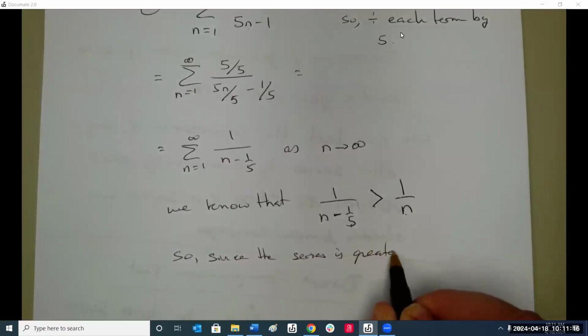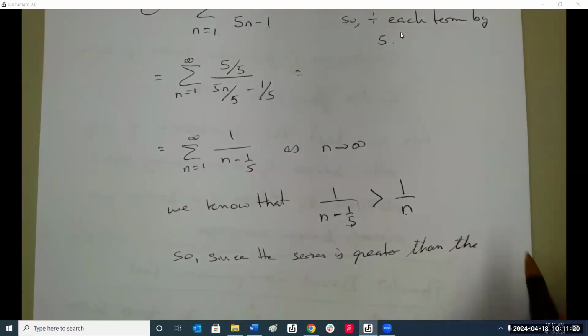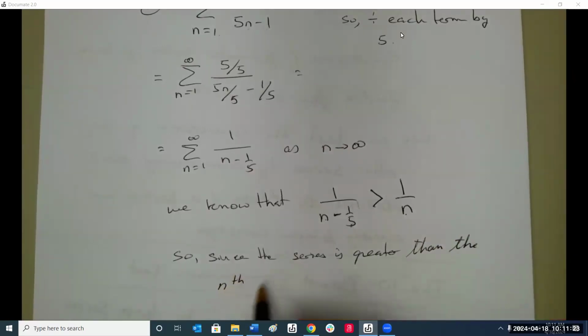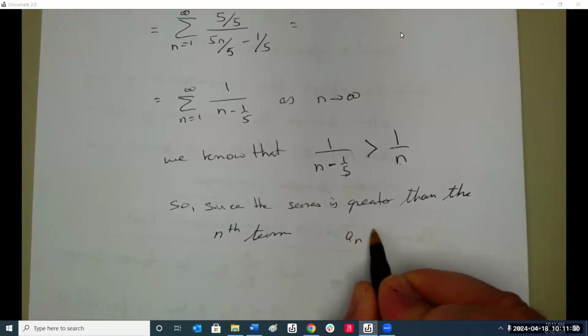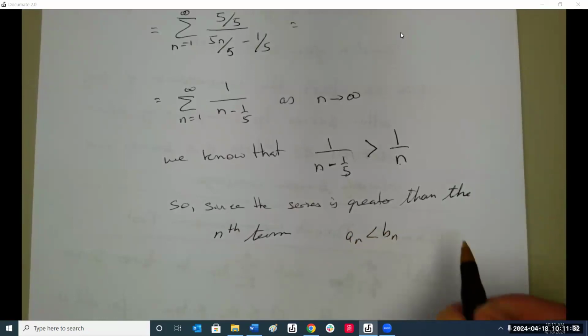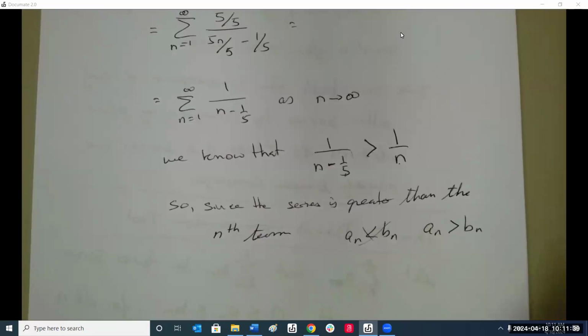So the nth term is greater. In other words, instead of a sub n being less than b sub n, it's a sub n greater than b sub n. So it diverges by theorem 10.